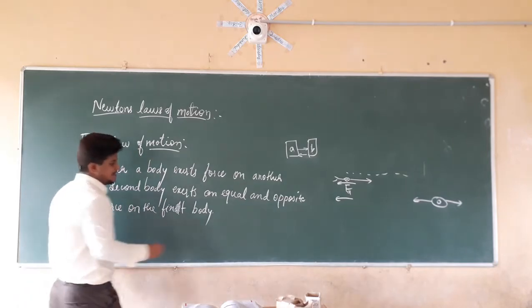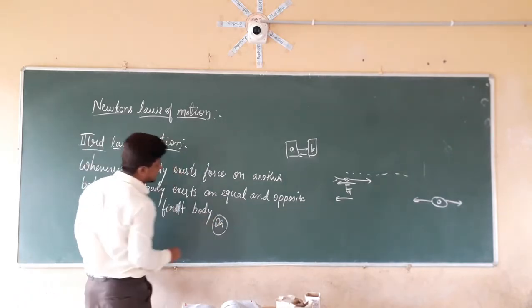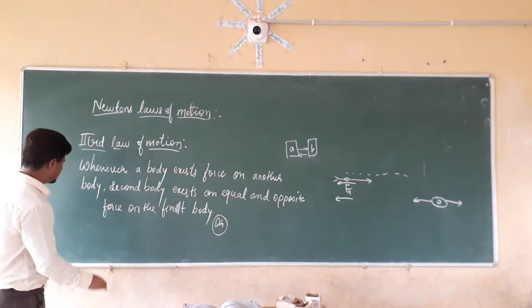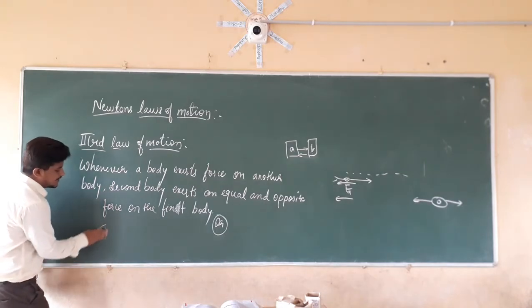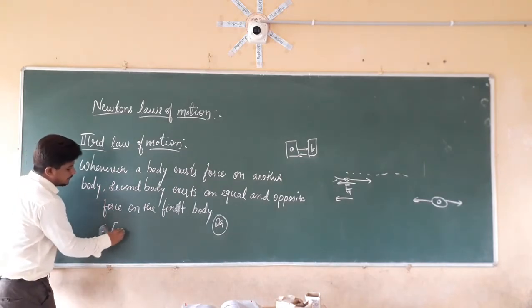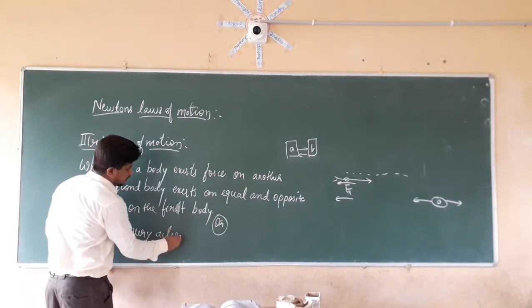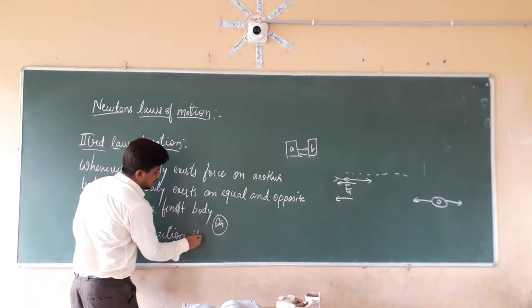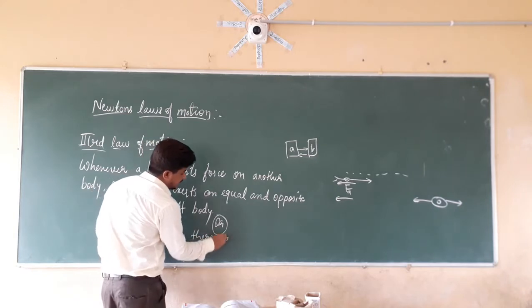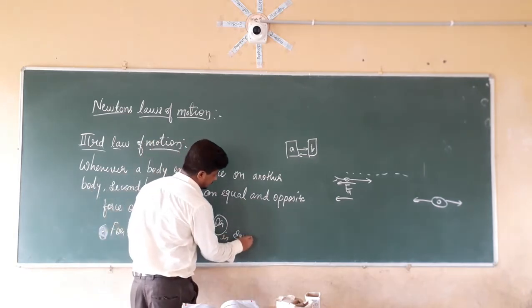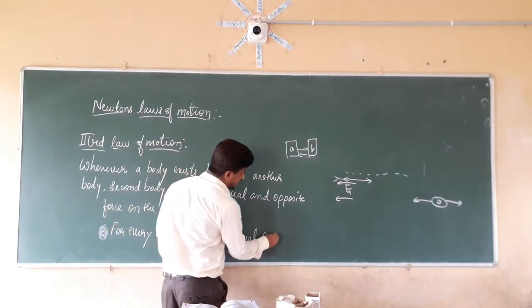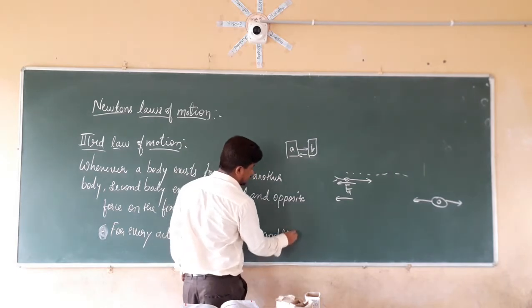Or you can say the easiest statement for the third law of motion is: for every action there is an equal and opposite reaction.